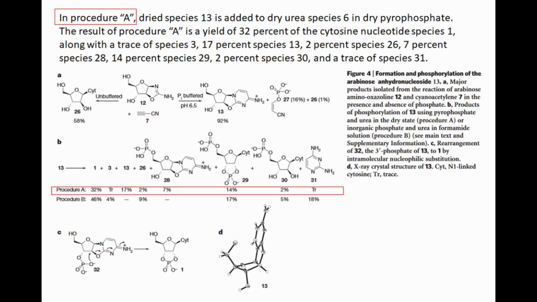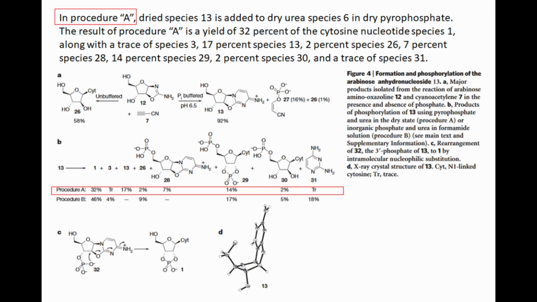In figure 4b, we see the result when the two procedures are applied to isolated arabinose anhydronucleoside species 13. In procedure A, dried species 13 is added to dry urea species 6 in dry pyrophosphate.